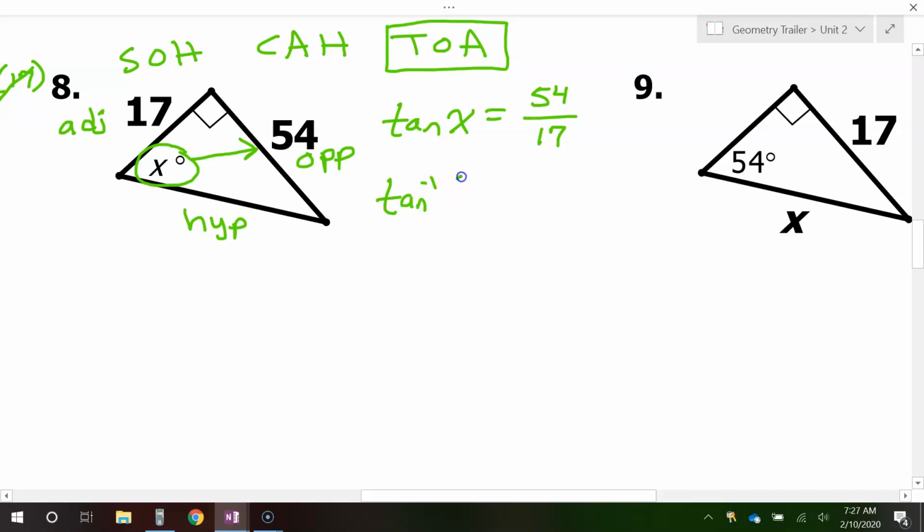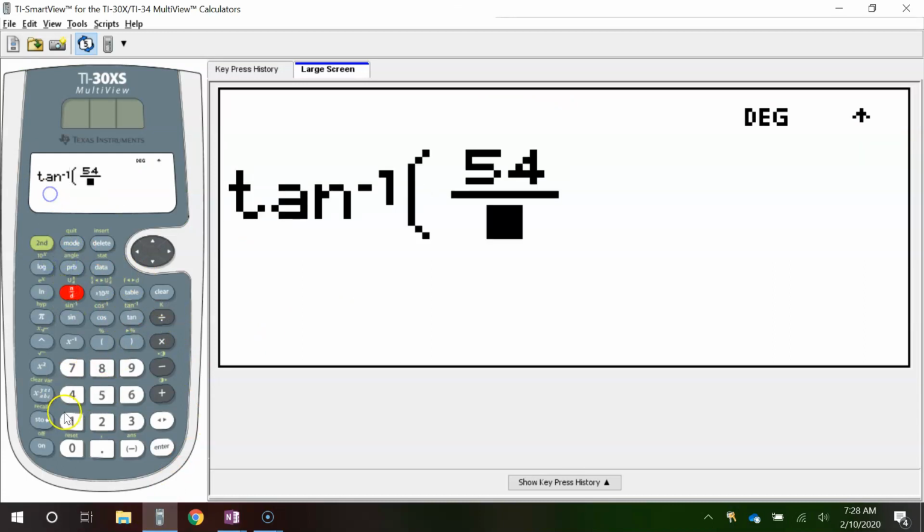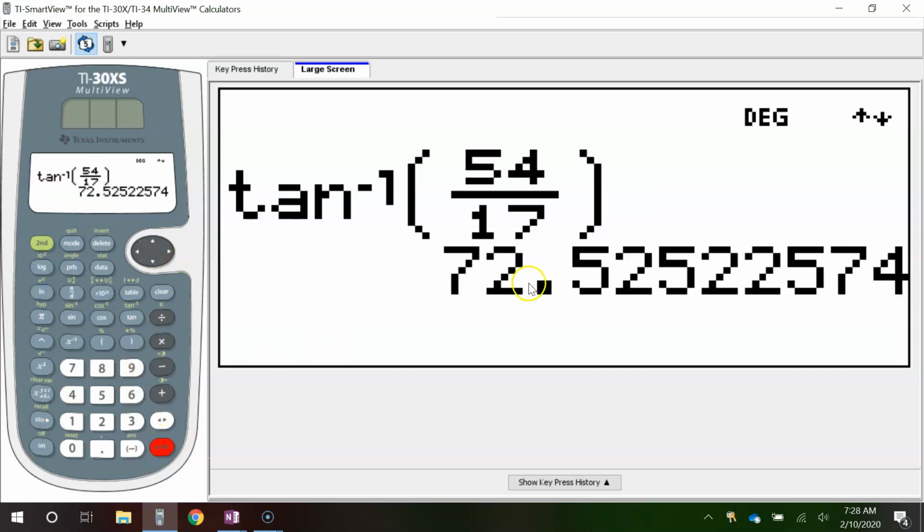Inverse tangent of 54 over 17 is equal to x. Okay, these switch places. All right, and this becomes a calculator thing. So inverse tangent of 54 over 17. 72.525.